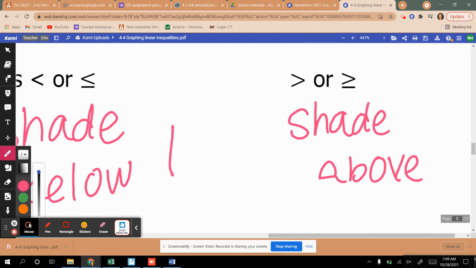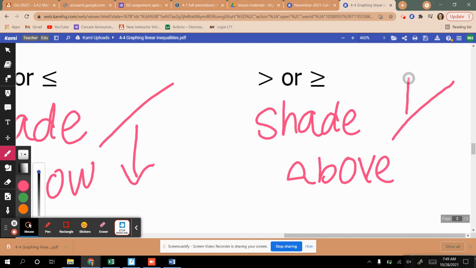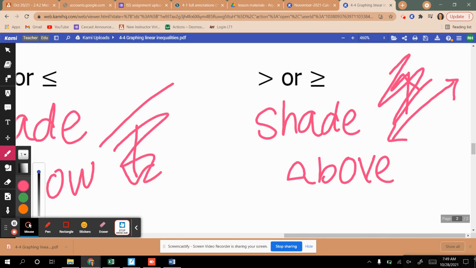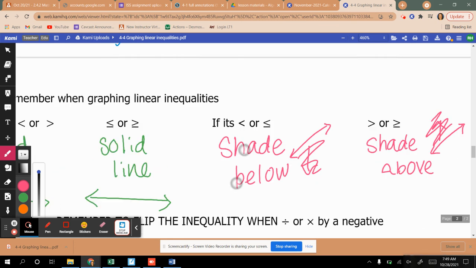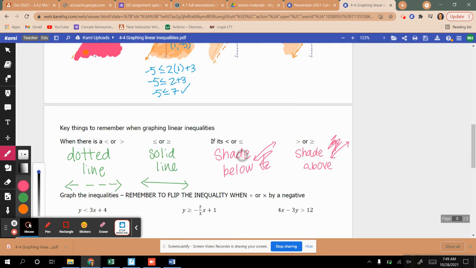And by below, we mean below the line, and by above, we mean above the line. Any of this region from this line, and any of this region from this line. All you need in order to graph something is this little section right here. This will help you reference and be able to graph any of these as long as you can remember how to graph a linear equation.